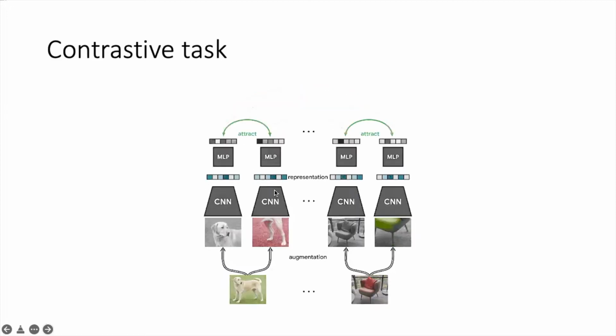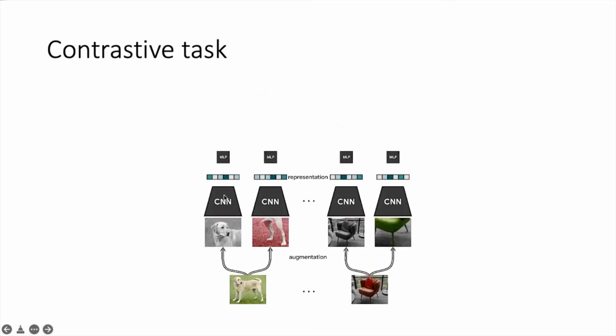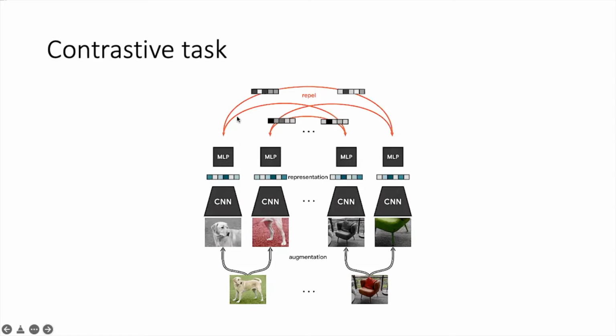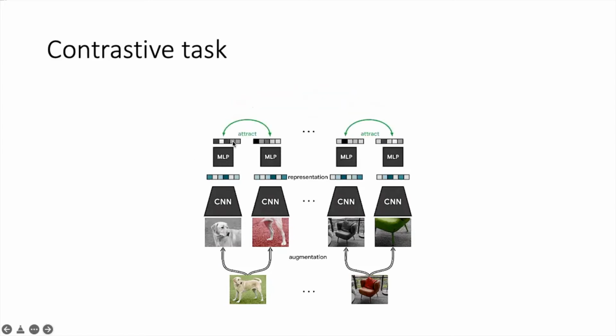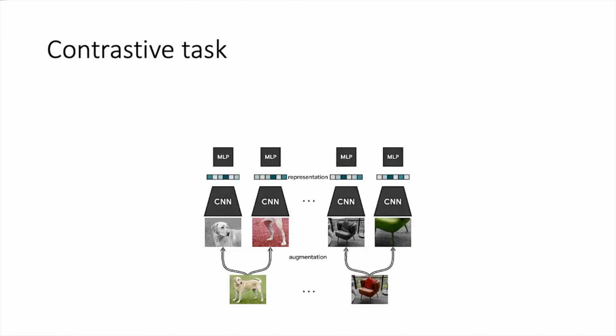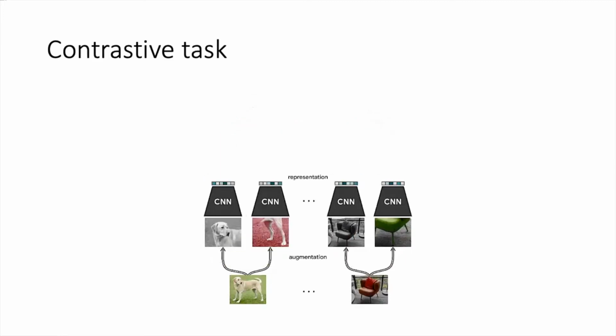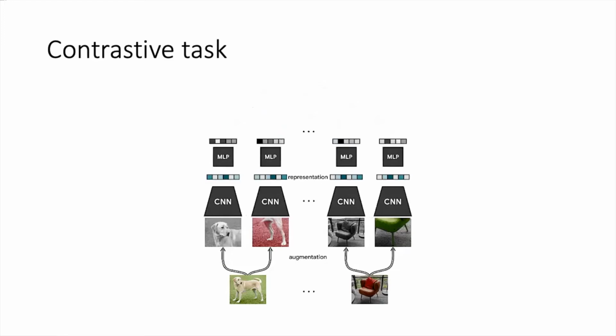Before doing that, we pass it through a non-linear projection head, which converts this into an invariant representational embedding. The embeddings created at this point are the ones which we use for comparison. So the augmented images which come from the same original image should have a high similarity compared to the embeddings which come from non-similar images.